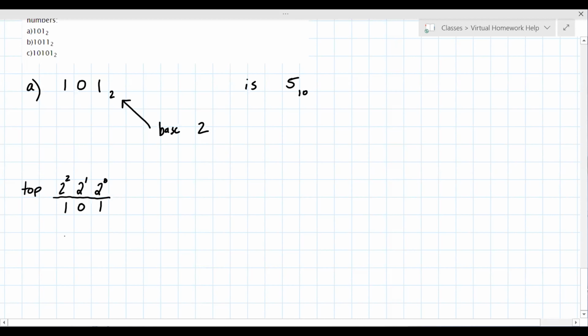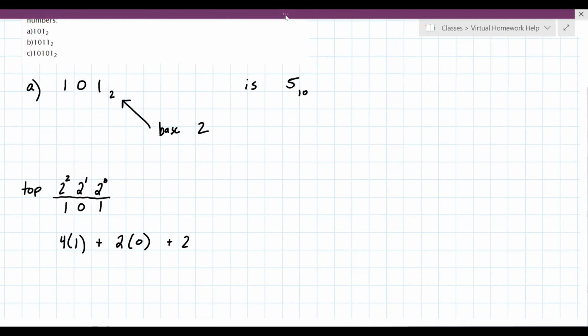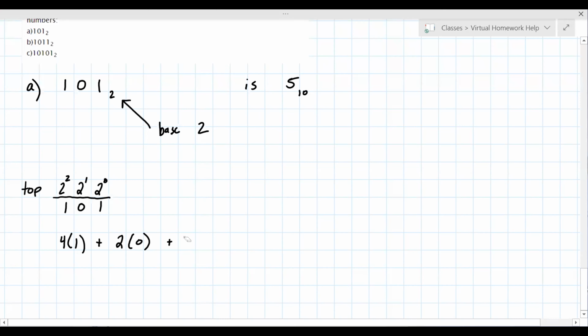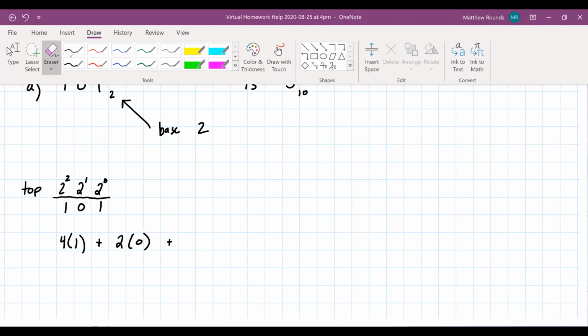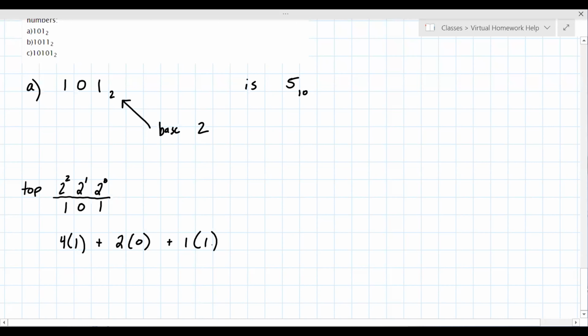Do you know what 2 squared is? 4. 4, and you multiply it by this bottom number 1, plus 2, because 2 to the power of 1 is 2, times 0, plus 2 to the 0, which is 1, times this 1. So this gives us 4 plus 0 plus 1, which is 5.